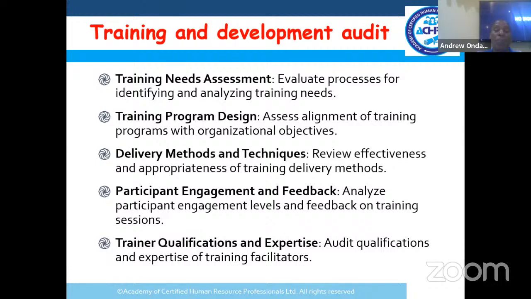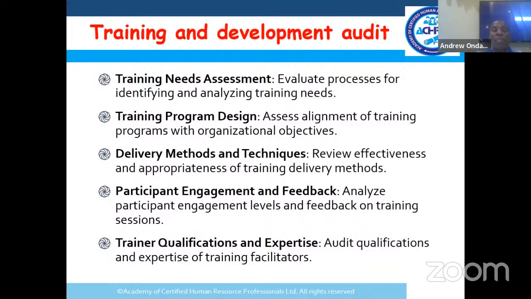So design a program that is objective-oriented. And the boxes that you will be ticking include the training program, the training schedule, the training materials, and the trainers. The trainers must be qualified.